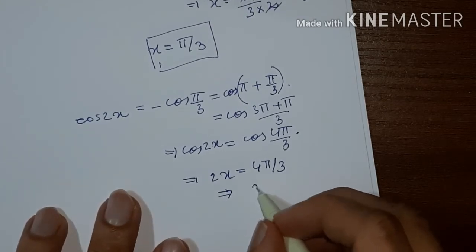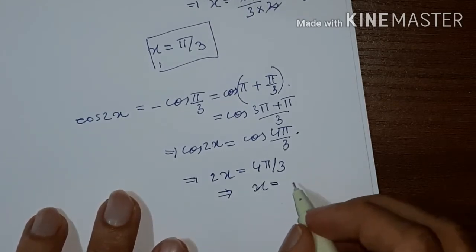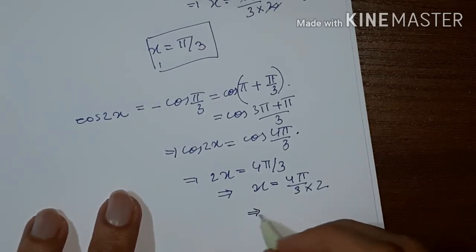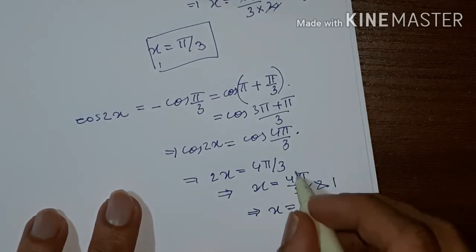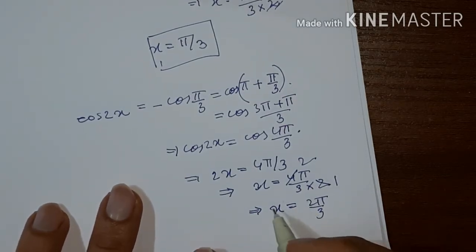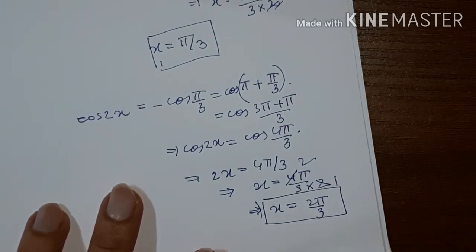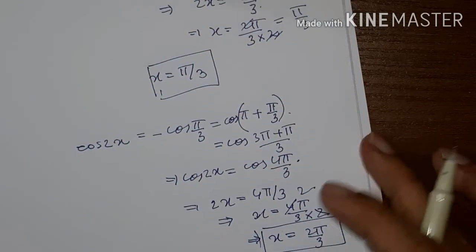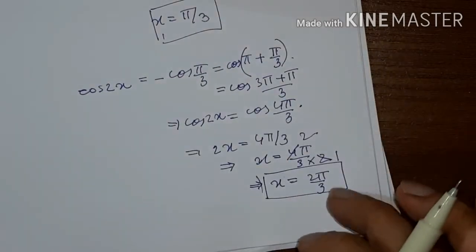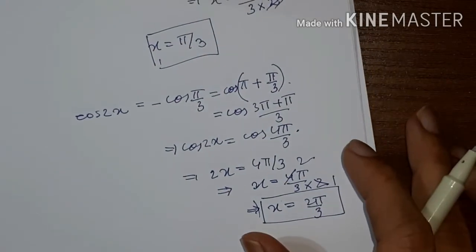So that means x is what? x is 4 pi by 3 multiplied by 2. So x is equal to, 2 1s are 2, 2 2s are 4, that is 2 pi by 3. So this is the second value for x, right? Now you have found out the two values for x.